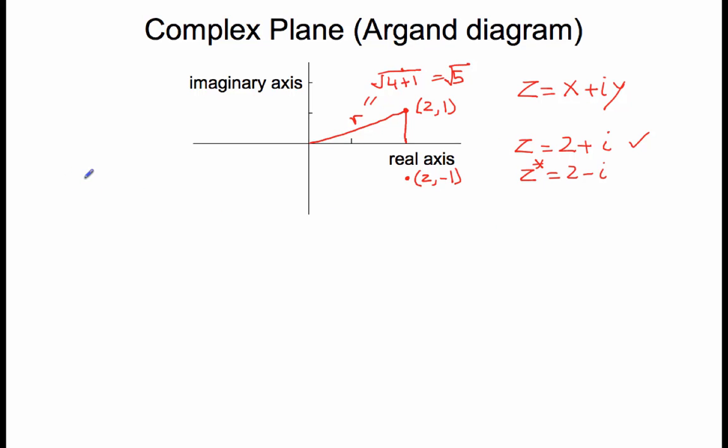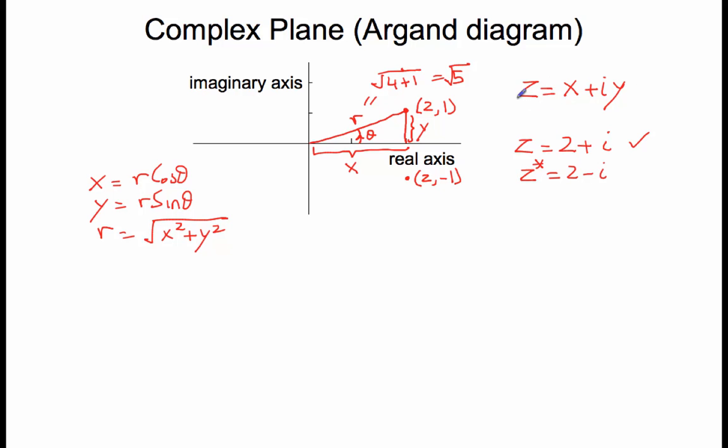Now, we just discovered that we could write x as r cosine theta and y as r sine theta. So that makes it very obvious that this over here is the angle theta. So this from here to here is x, and from here to here is y. And of course, r is the square root of x squared plus y squared.